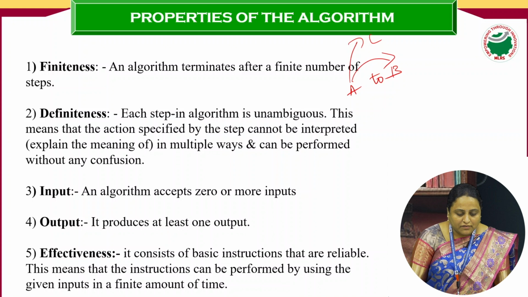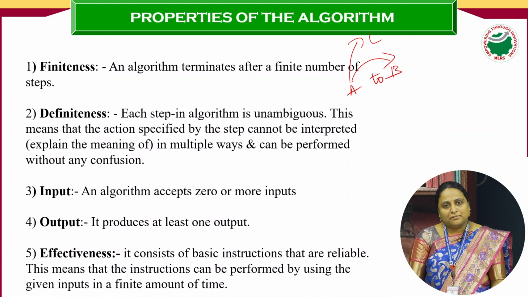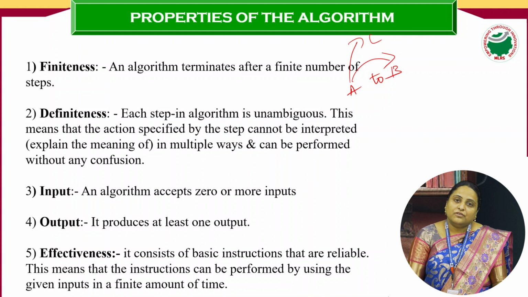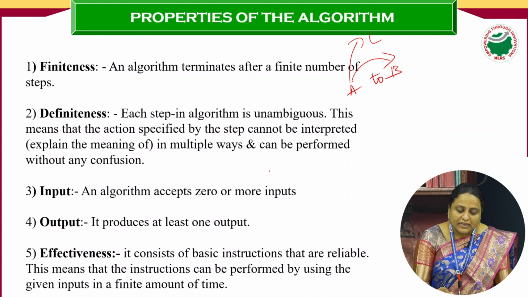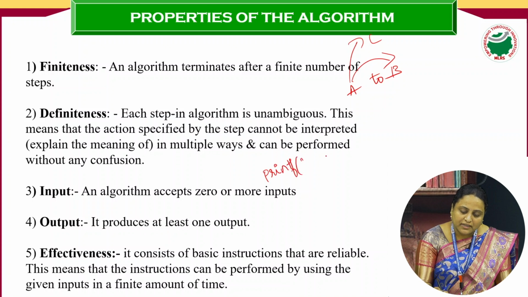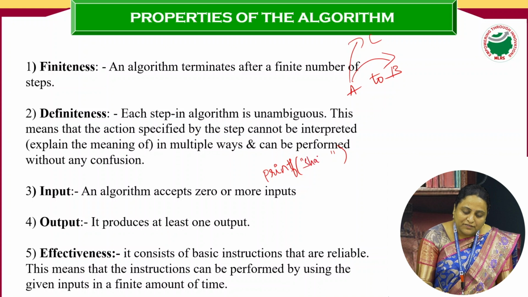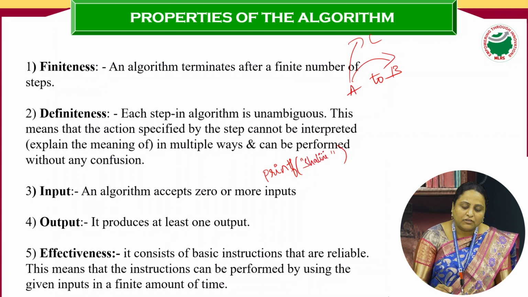Coming to the next one, input. How many inputs can you give to the algorithm? An algorithm can accept 0 inputs. Without any input also, it can provide some output. For example, if I want to display my name, then in a simple program, I can just write a statement called printf, which we'll see later, but I'm giving an idea of what you need to do. printf is nothing but whatever you want to print on the screen.